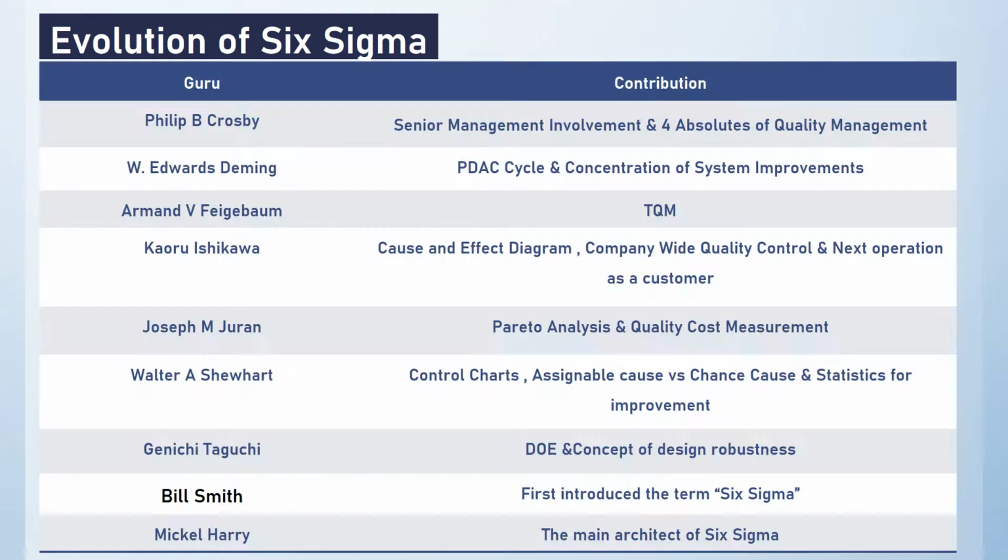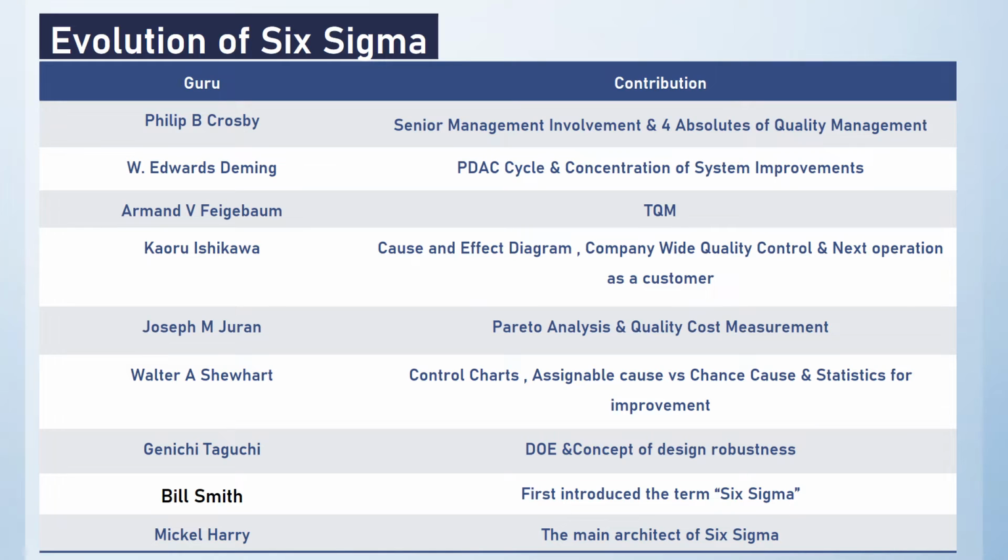Let us understand some quality gurus' contributions towards quality. First one is Philip Crosby. He invented the senior management involvement and four absolutes of quality management. Edward Deming, we have heard his name a lot, invented the PDCA cycle.